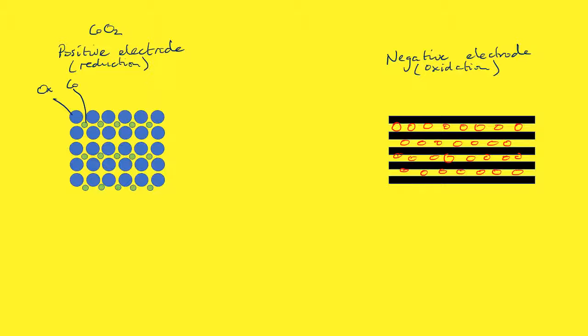Now let's just have a think, and let's attribute some sort of thinking power to these metal atoms. Going back to the negative electrode, these red lithium atoms, they're not really keen on their outer electron, are they?